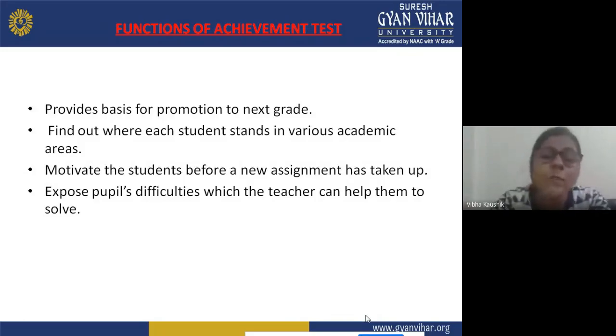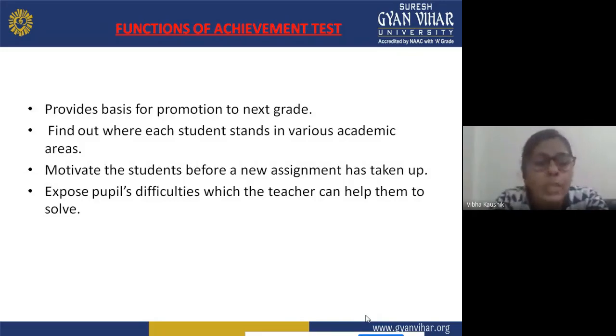Now, what it means is that an achievement test will be administered on the students. After the administration, some results will be there, and on the basis of the analysis of those results, we will be able to know what difficulties they are facing.